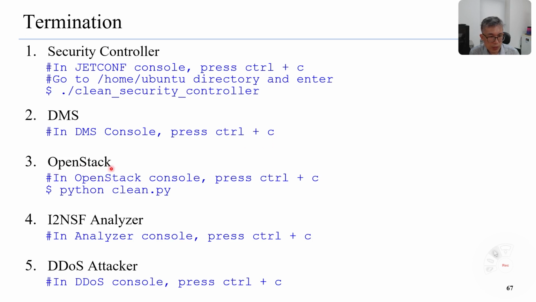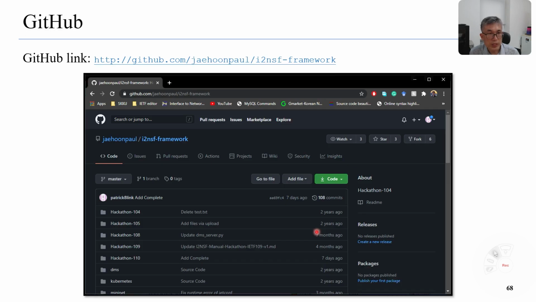In the OpenStack case, run the clean.py Python file. For the I2NSF analyzer, in the I2NSF analyzer console you can press Control and C, and in the DDoS attack case also Control C.